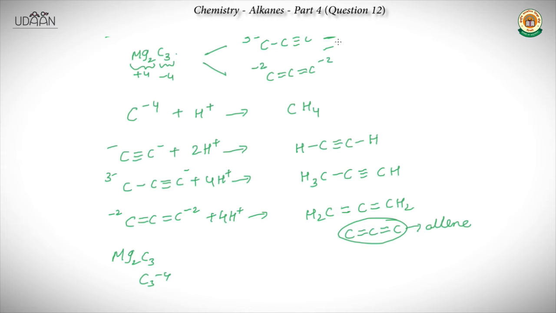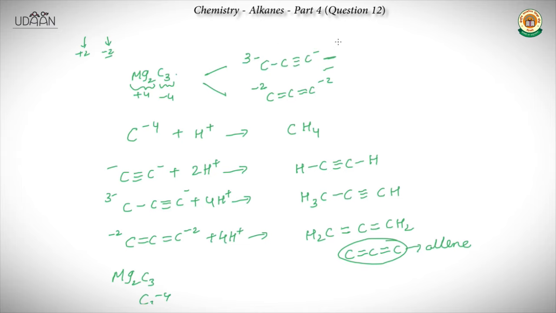If we have to look at the two structures, which of these two do you think is more stable as such? The first structure has a -3 charge on a carbon, which is in conjugation with the triple bond that's present there. If we take it in conjugation, what does it give us?